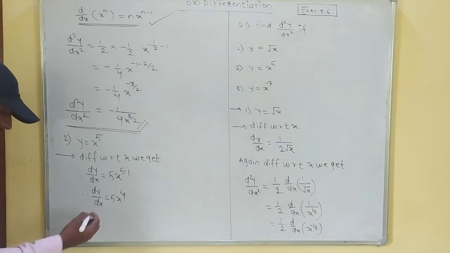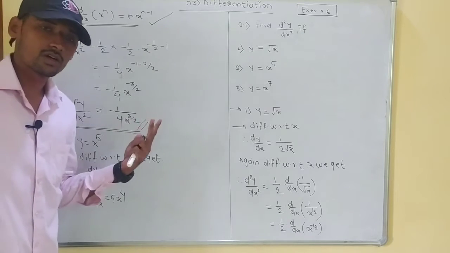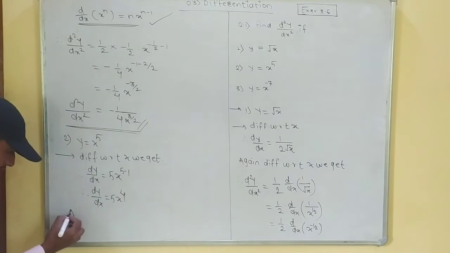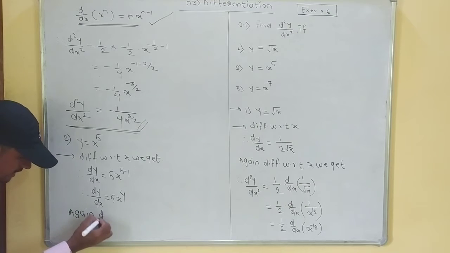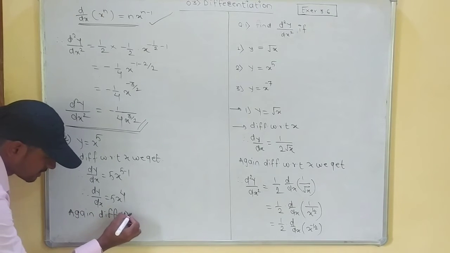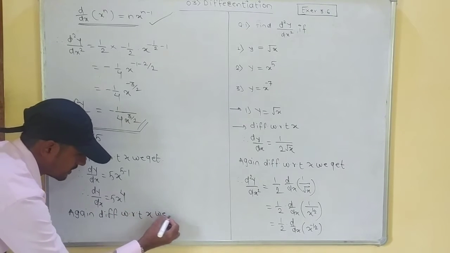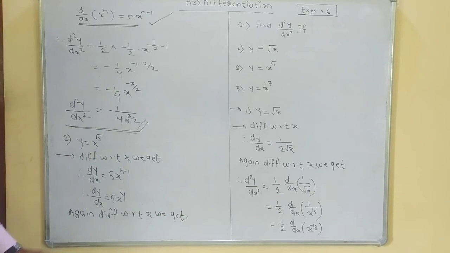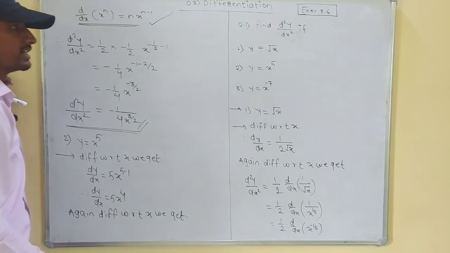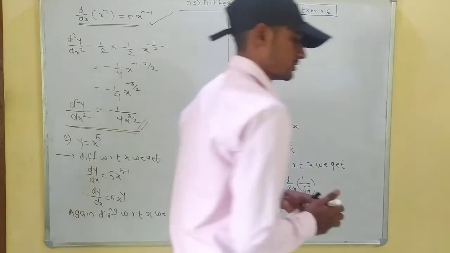Again differentiate, because we are going to calculate the second order derivative, that's why again differentiate with respect to x we get. The second order derivative is denoted by d square y by dx square.